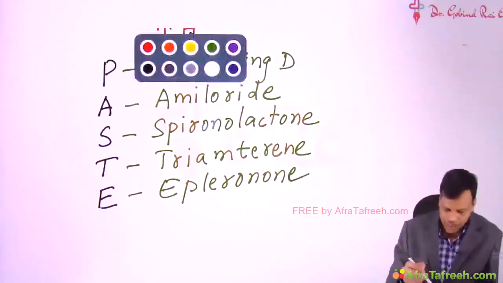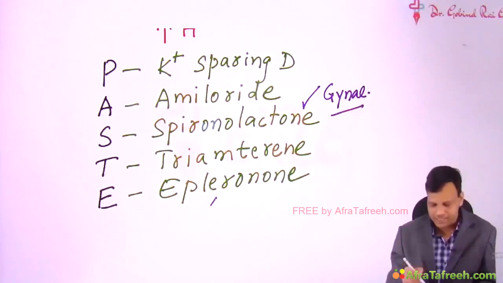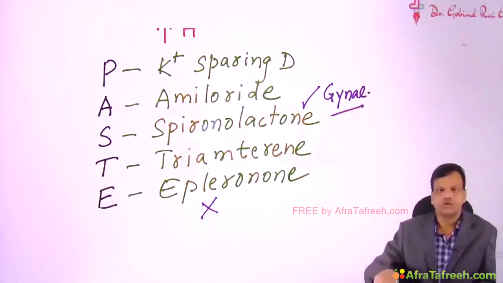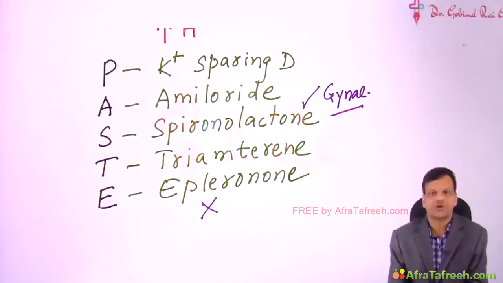And we all know that spironolactone causes gynecomastia, and this side effect is absent in eplerenone. Although both are potassium sparing diuretics, aldosterone antagonists, spironolactone causes gynecomastia, eplerenone does not cause this side effect.